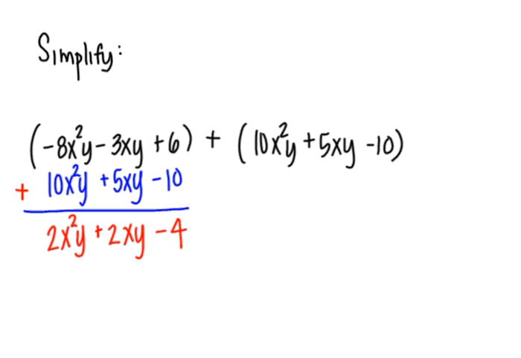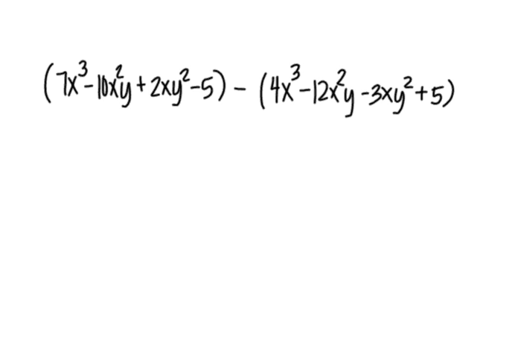Okay, let's try one more of those. In this problem, you see that it's a minus, so your problem is 7x cubed minus 10x squared y plus 2xy squared minus 5. And from that, you're subtracting 4x cubed minus 12x squared y minus 3xy squared plus 5.